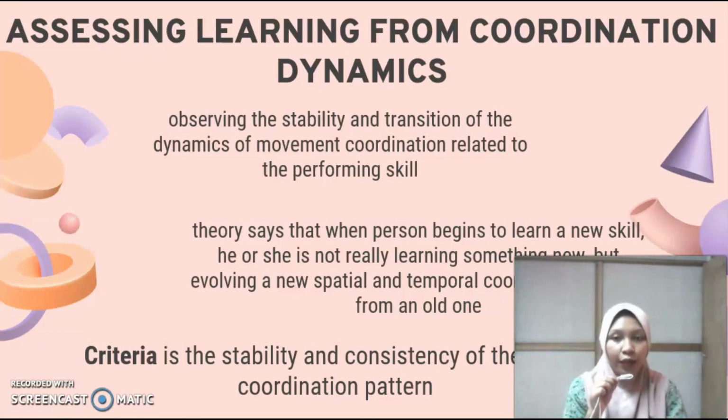It has 2 types of coordination dynamic pattern, which are the temporal movement coordination pattern and the spatial movement coordination pattern. There are theories that say when a person begins to learn a new skill, he or she is not really learning something new, but evolving a new spatial and temporal coordination pattern from an old one.